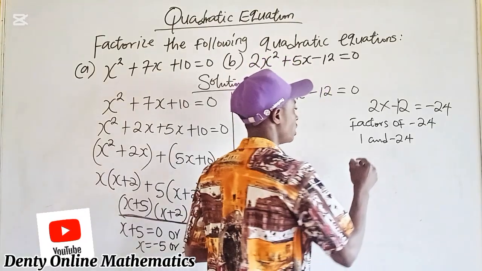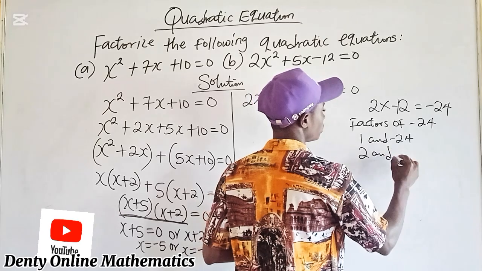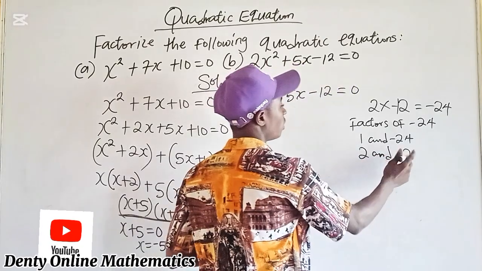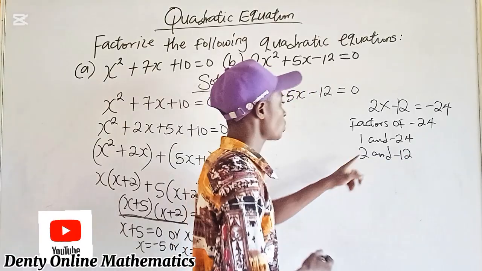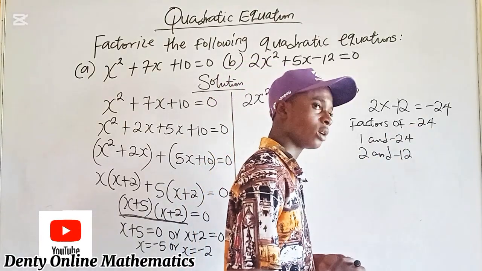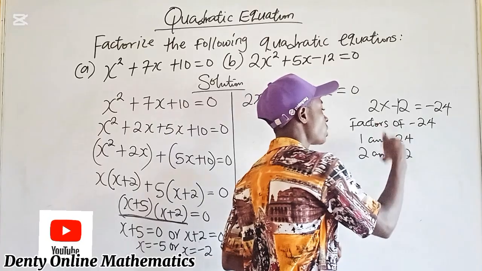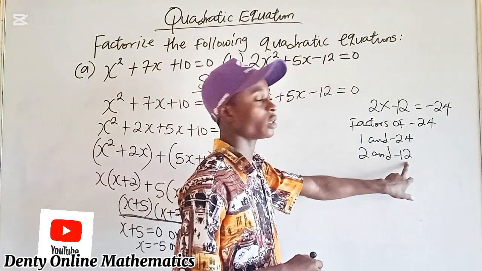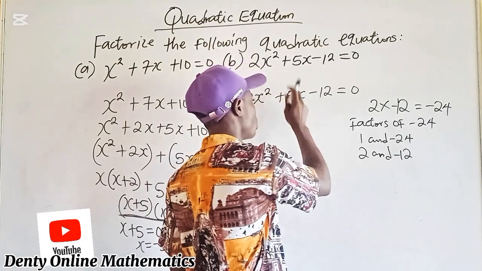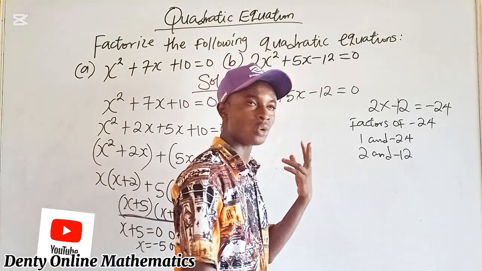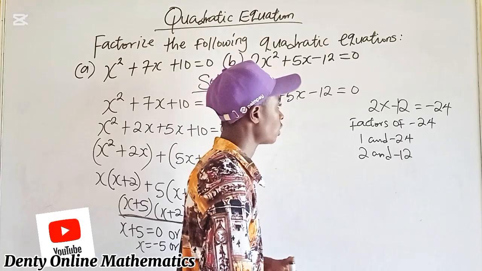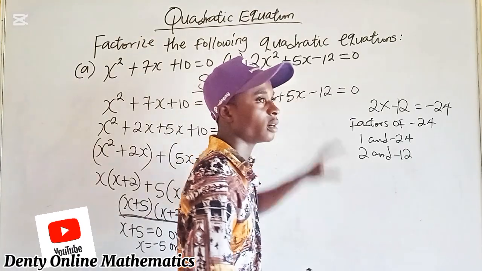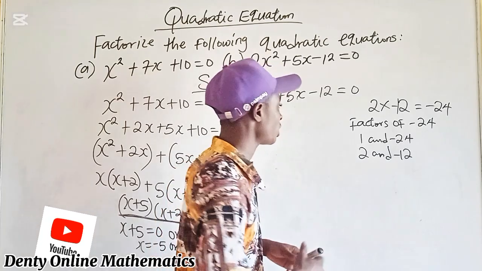Another factor is 2 and minus 12, because 2 times minus 12 will give us minus 24. But 2 plus minus 12 will give us minus 10, which is not equal to 5 also. So we still look for more factors of 24 that can give us 5x here.